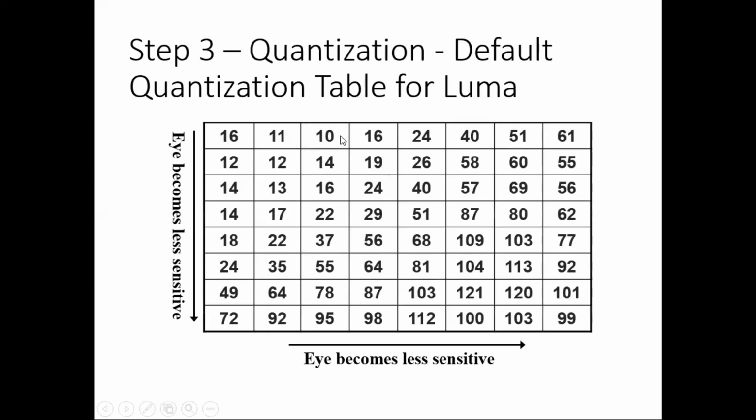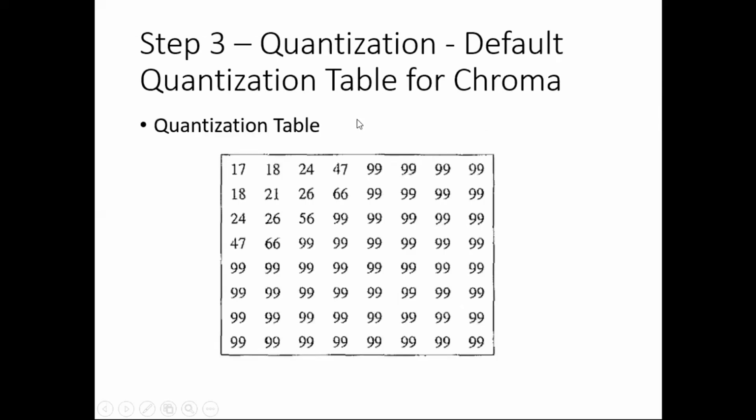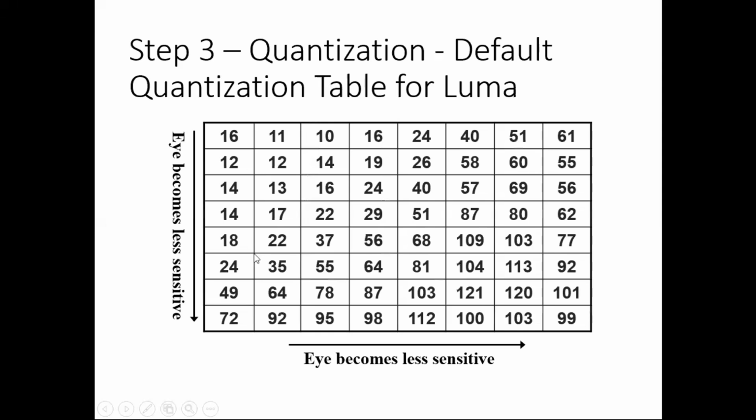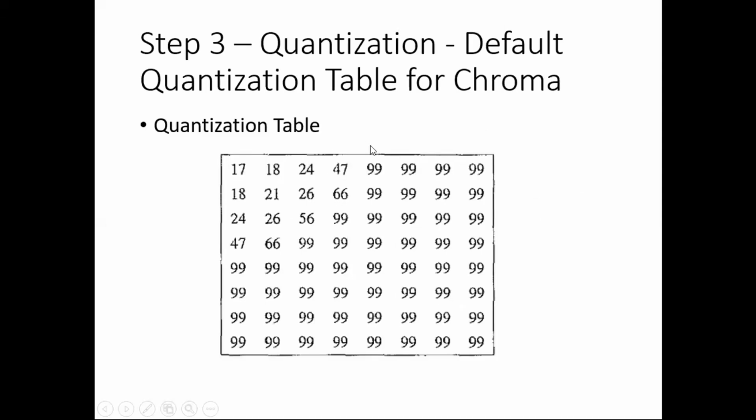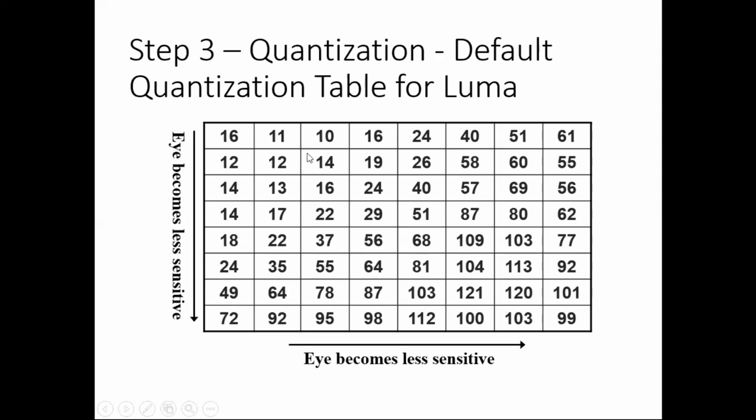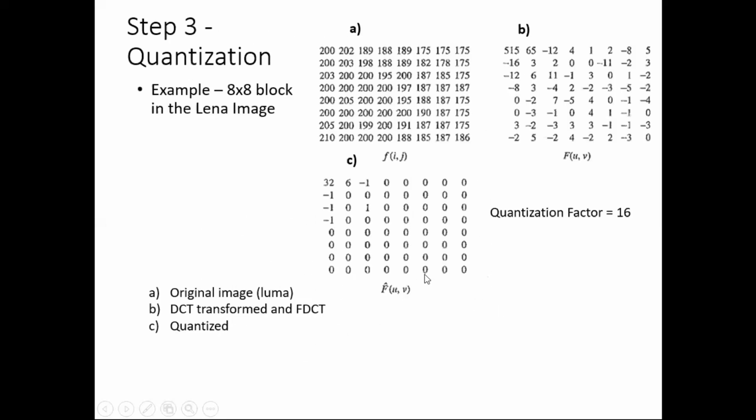In non-uniform quantization, we use a table for the quantization process. For the Luma part, this is the default quantization table, and this is the default quantization table for the Chroma part. When you get a question based on quantization, you will get this table, right? Therefore, no need to remember these numbers. Definitely, you will get this table in your paper, right?